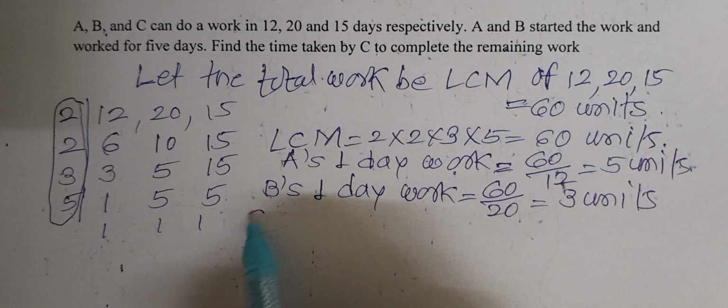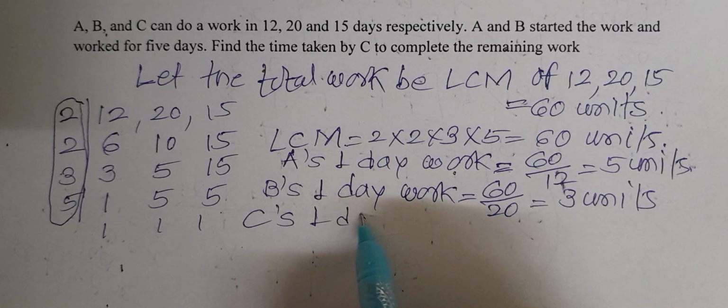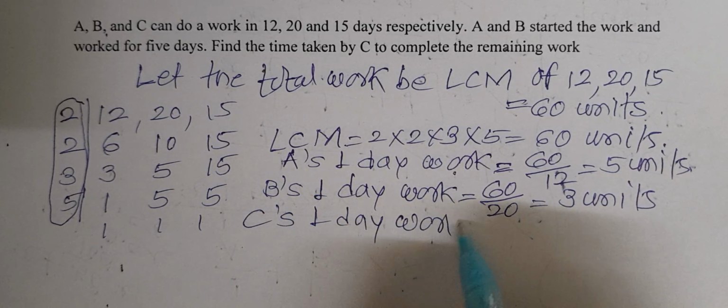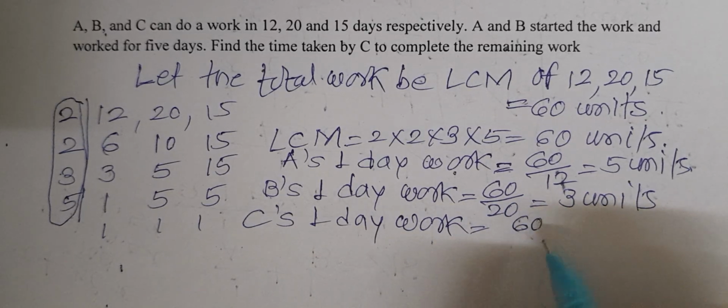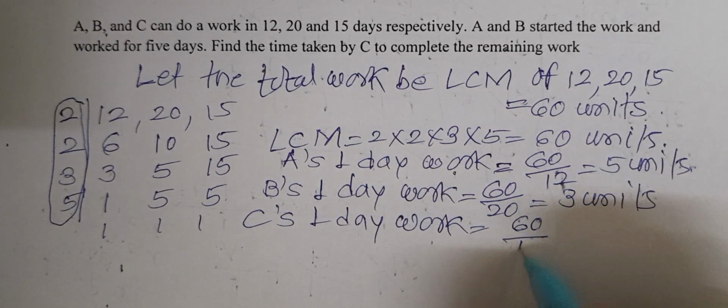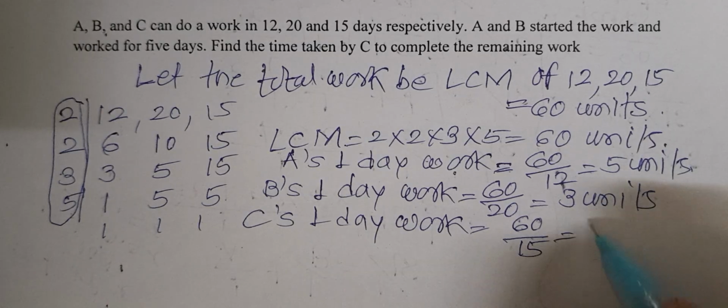And again C's one day work is equal to 60 units divided by the 15 days, so it is 4 units.